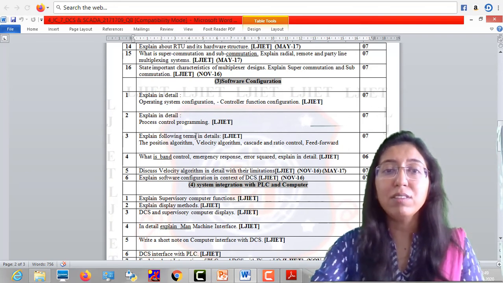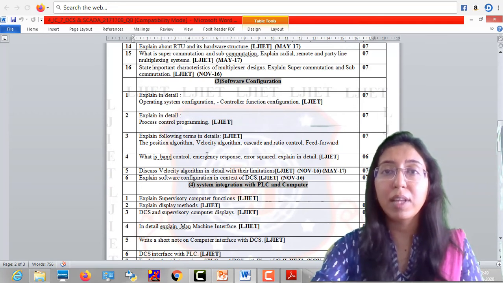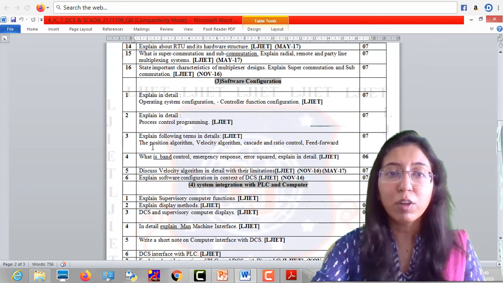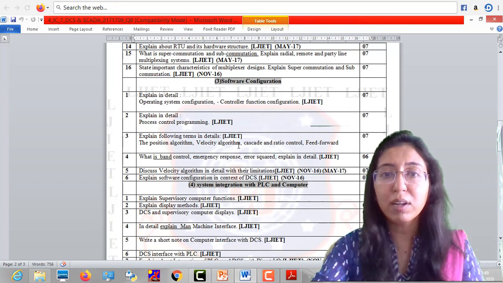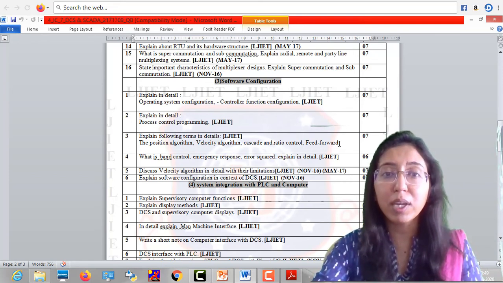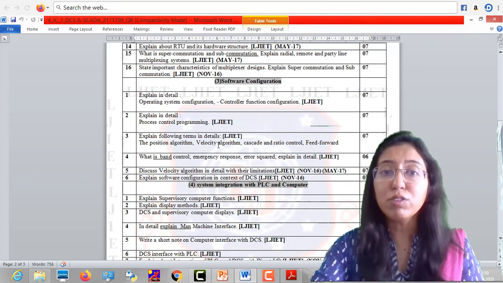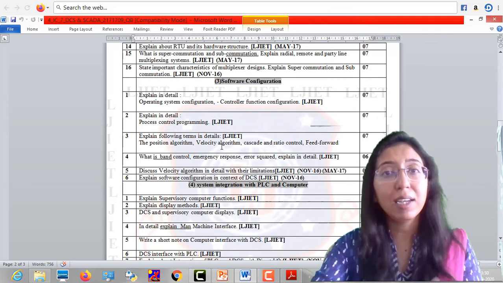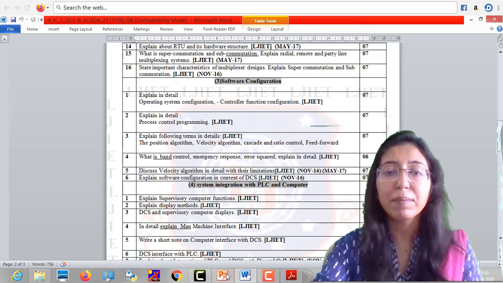So the last two questions are pending: the position algorithm, velocity algorithm, cascade and ratio control, feed forward. This topic will be completed in the next session.